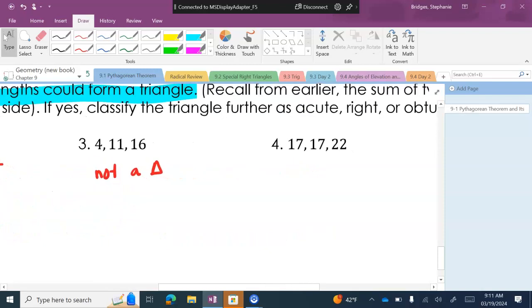What about 4? Can that one be a triangle? Yeah, 17 plus 17 is bigger than 22. Which one of those is C? 22.